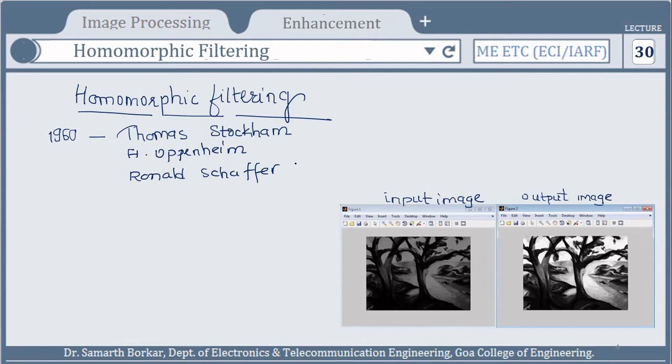Now let us try to understand the operation of the homomorphic filter. As we have discussed, this homomorphic filter uses a slightly different approach compared to the frequency domain filters that we have studied so far. Before studying the homomorphic filter, we need to understand the image formation model.